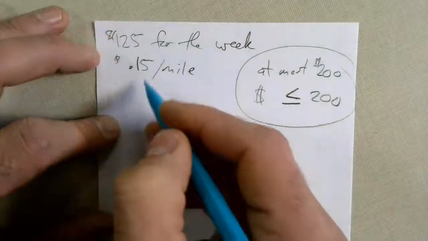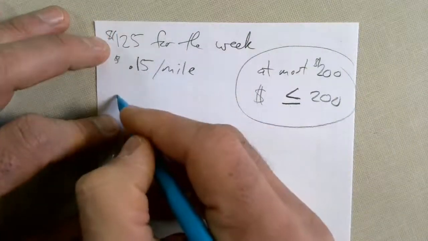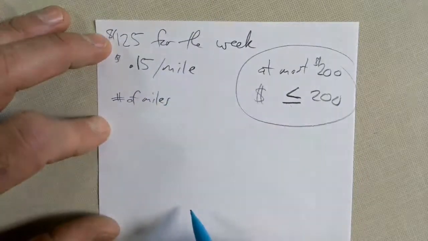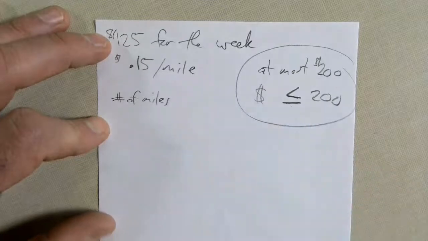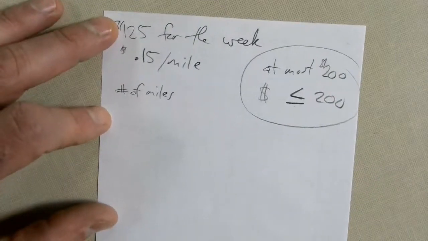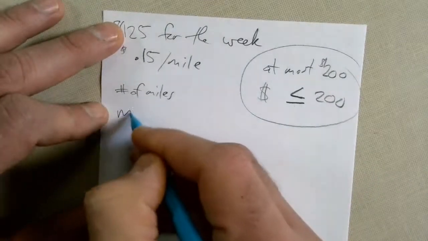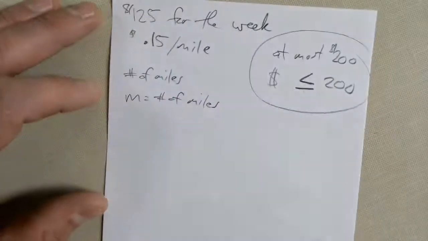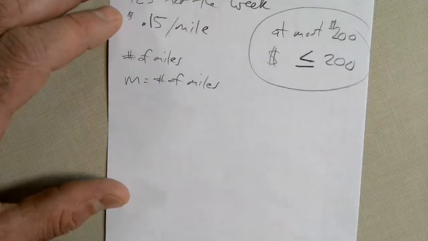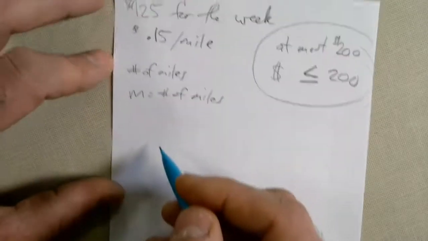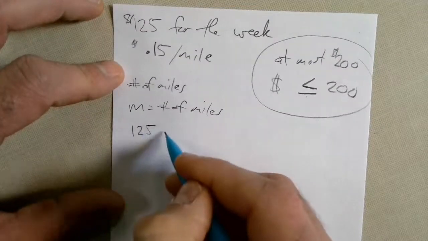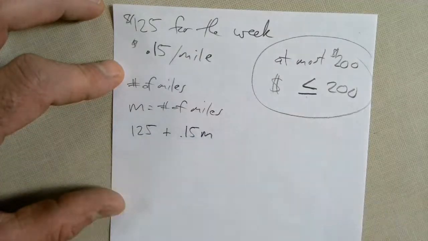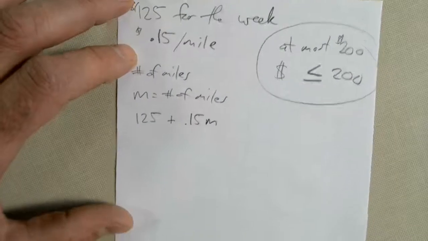Okay, what's the problem asking for? The number of miles that he can go and still be at 200 or less. So let's give that a variable. Let's call it m, the number of miles. Now how much does the thing actually cost? Well, it costs $125 no matter what, plus 15 cents for every mile. Now let's make an equation.